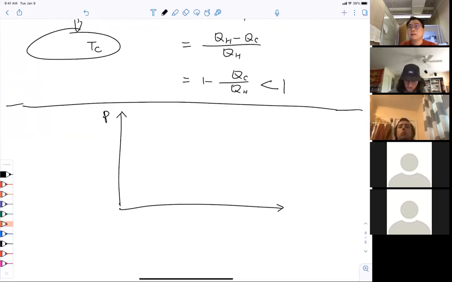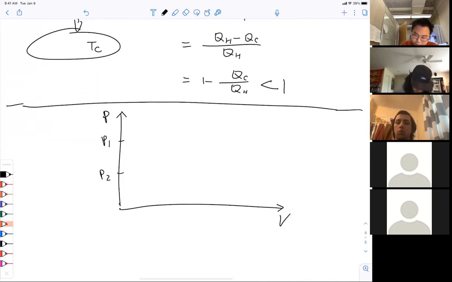By the way, if it's not PV but some other coordinates, for example PT, you can do it in a similar manner. P1, P2. Let's consider this engine.